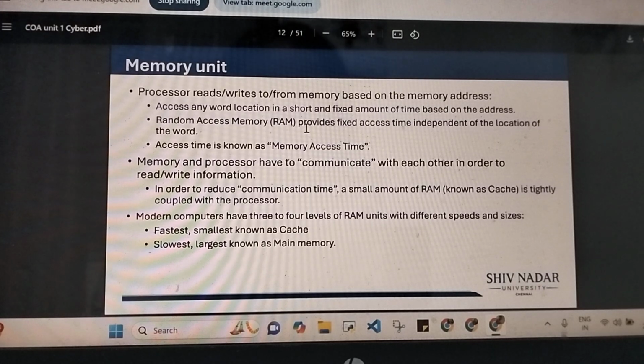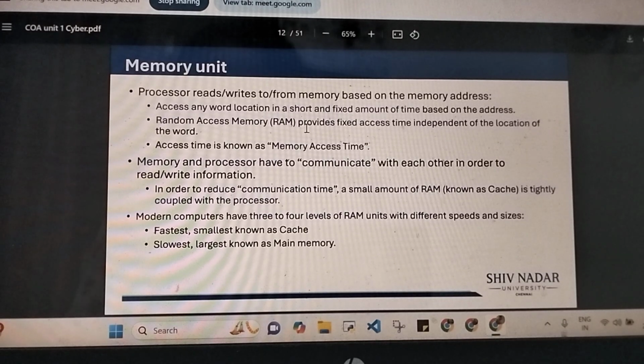In your computer, your main memory is generally RAM, random access memory, meaning irrespective of the address at which your data is stored, the time taken to access the data is the same. For example, irrespective of whether my data is stored at memory address number 1 or 1000 or 10,000 or 5,000 or 50,000, it takes the same time to access. That is why it's called random access memory, and this time taken is called the memory access time.